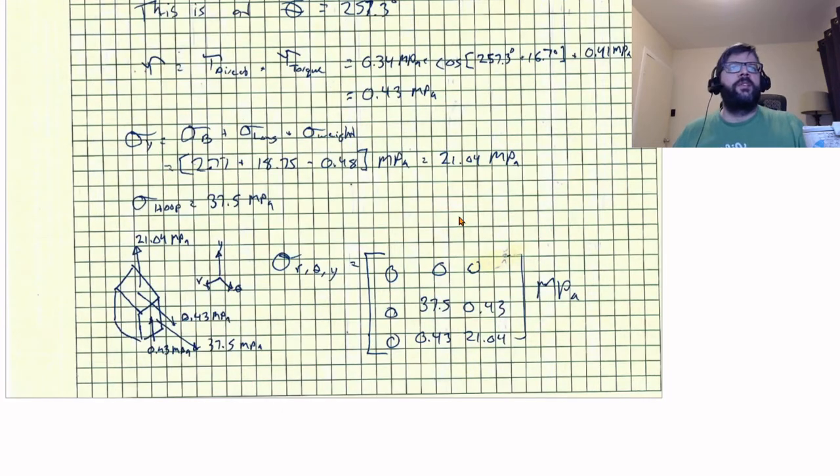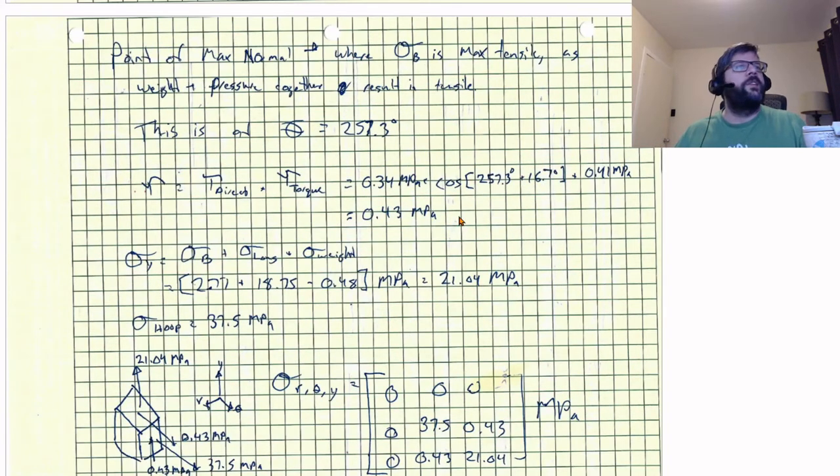Next, we got the point where there's the maximum normal stress. That'll be where the bending stress is at its maximum tensile, since the combination of the weight and the pressure together result in tensile. The pressure is tensile, the weight is compressive, but the stress due to the pressure is a lot higher than the stress due to the weight.